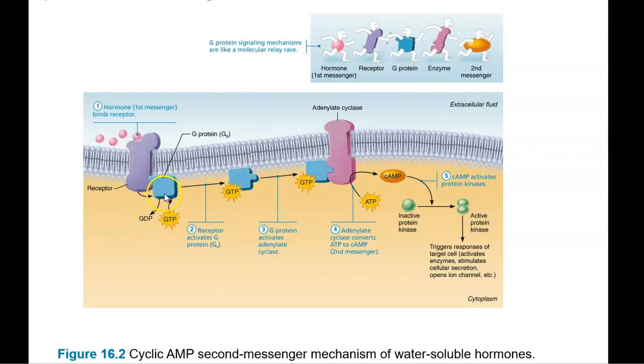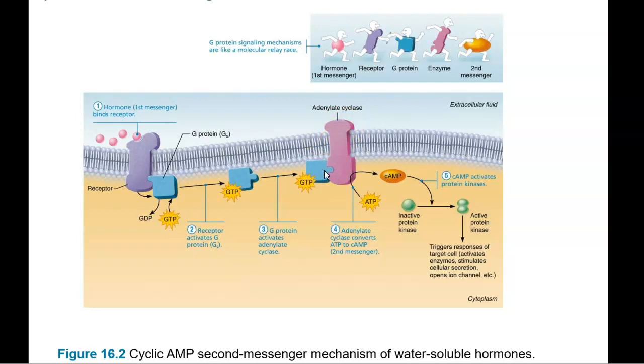Once it does that, it's considered active. Then the G protein is going to activate the adenylate cyclase. So this G protein is going to go over here and bind to the adenylate cyclase, which is the enzyme, and activate it.